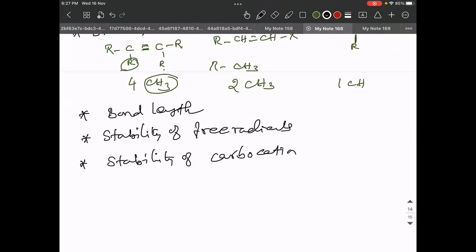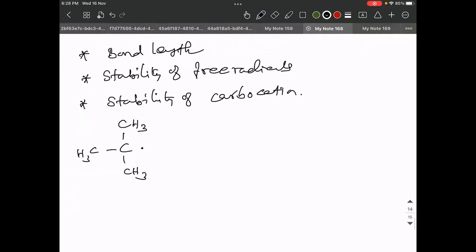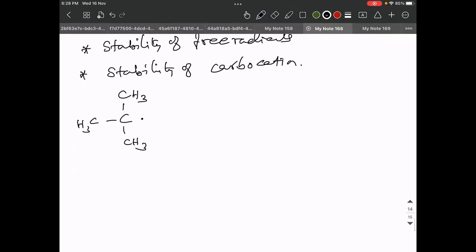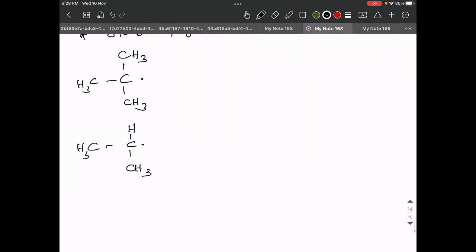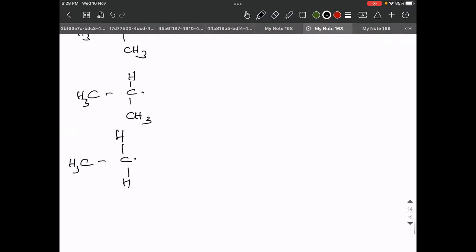Governing. When you have a tertiary alkyl, CH3, CH3, CH3 dot, is it tertiary free radical? And then CH3, CH dot, CH3, and CH3, CH dot, is it primary?